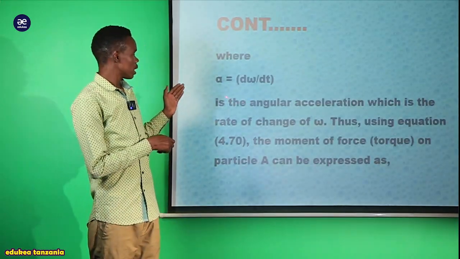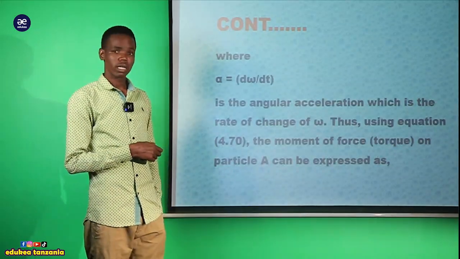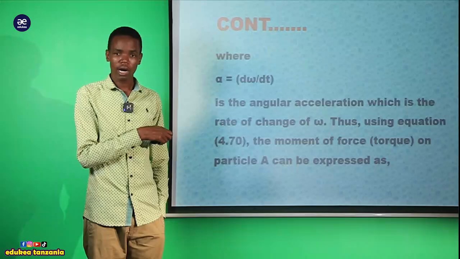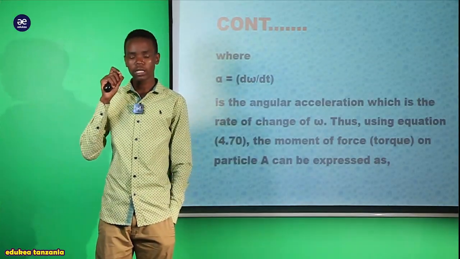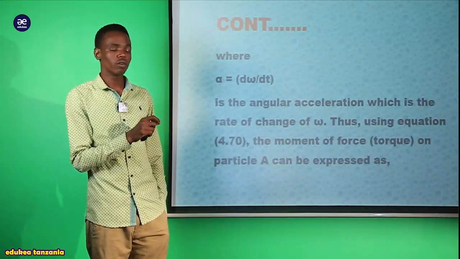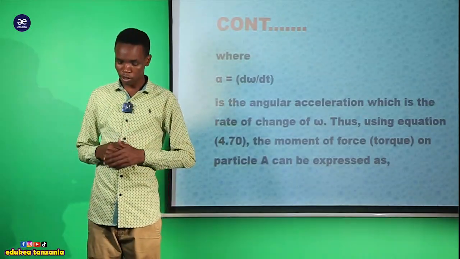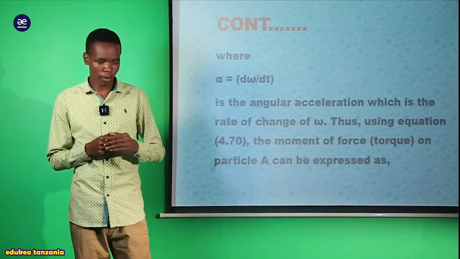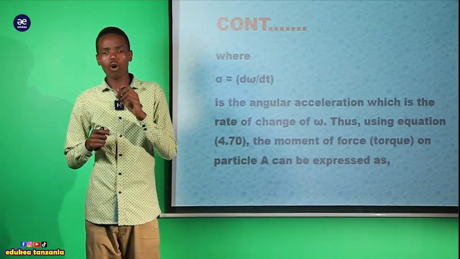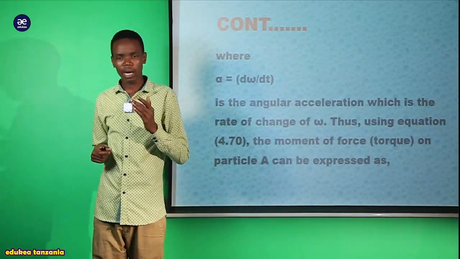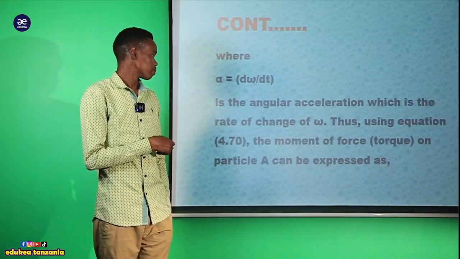This alpha here represents the rate of change of the angular velocity. That is why its definition is like that, because you may ask how we can obtain the angular acceleration. The angular acceleration equals the rate of change of the angular velocity, dw divided by t.